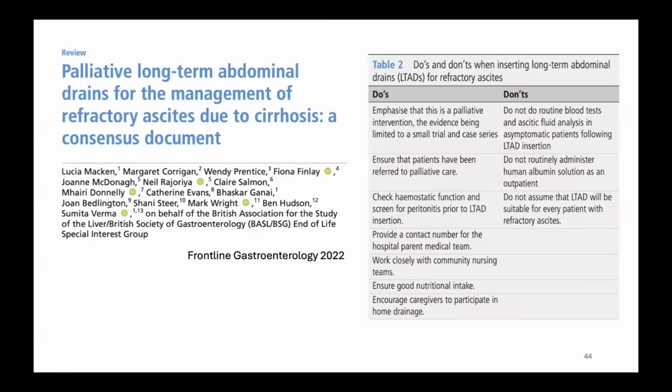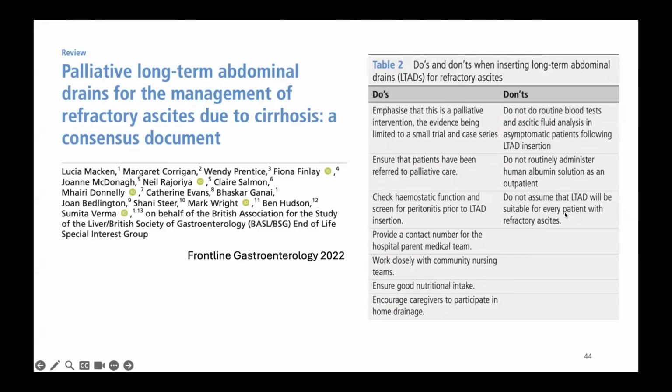And we just did the test in our pilot trial. If you send cultures, all the drains will have positive cultures if you take fluid from the drain 1 week after it is inserted. So we never send cultures from the drain.